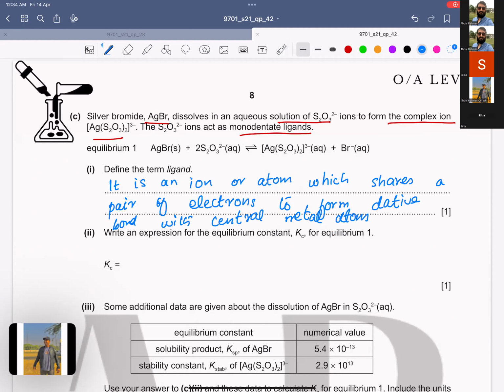So it can be an ion or it can be an atom which has a lone pair of electrons, and this lone pair can be shared with the central metal ion to form a dative bond, then it's a ligand.